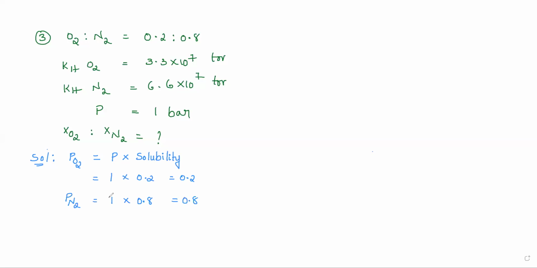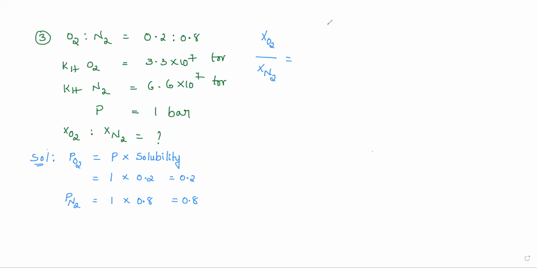Is that clear? So then you can take this formula, that is the ratio between mole fractions of oxygen and nitrogen. XO2 upon XN2, you can take like this. Mole fractions of oxygen and nitrogen with respect to the pressure you need to take for this problem.